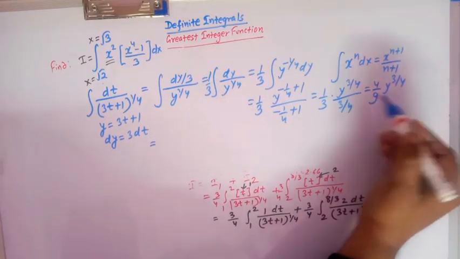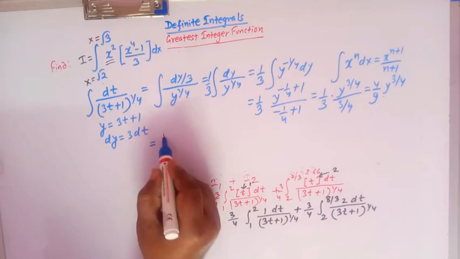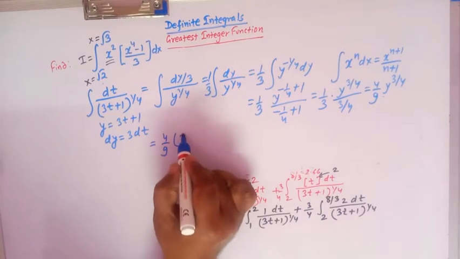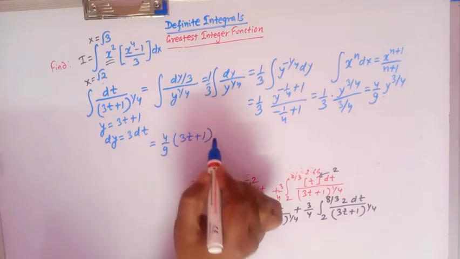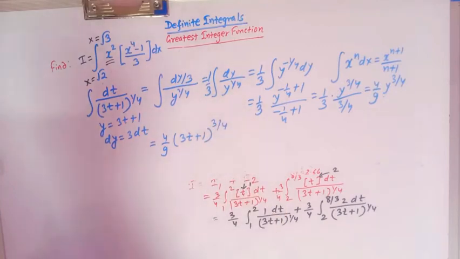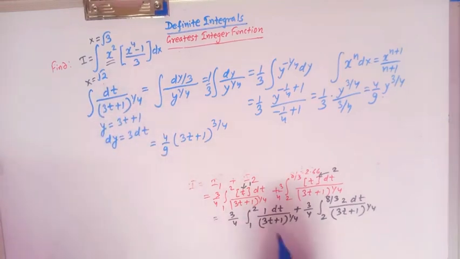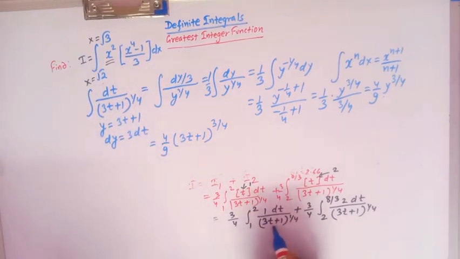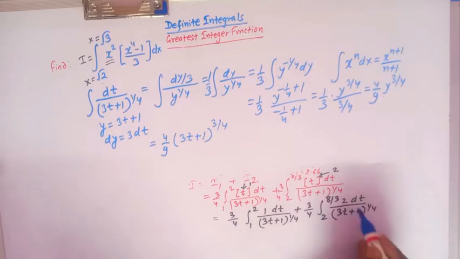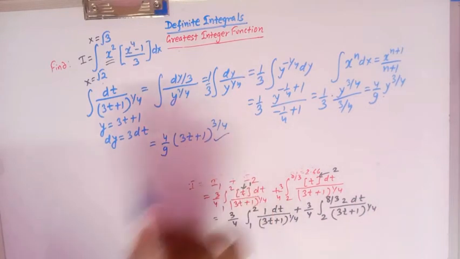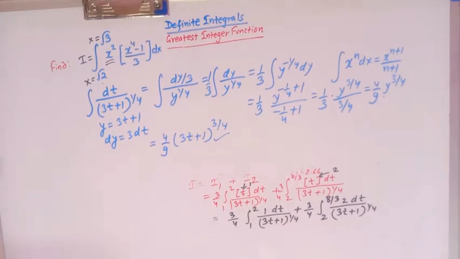Now replacing y by 3t plus 1, we have 4 over 9 and (3t plus 1) raised to 3 over 4, right? So the integral of 1 over (3t plus 1) raised to 1 over 4 is given by 4 by 9 multiplied by (3t plus 1) raised to 3 over 4, right?